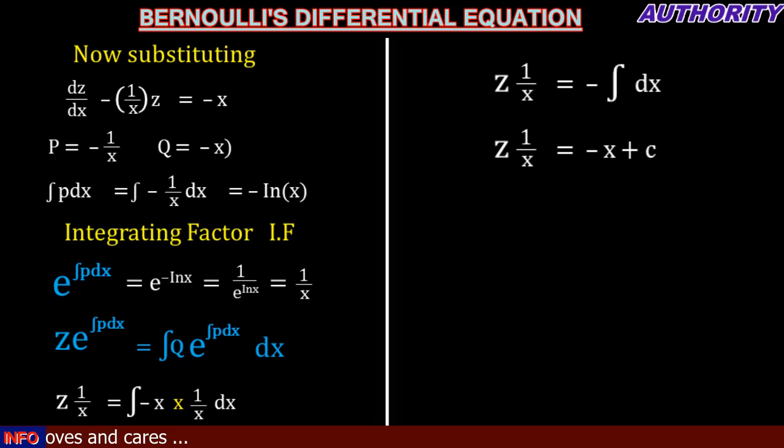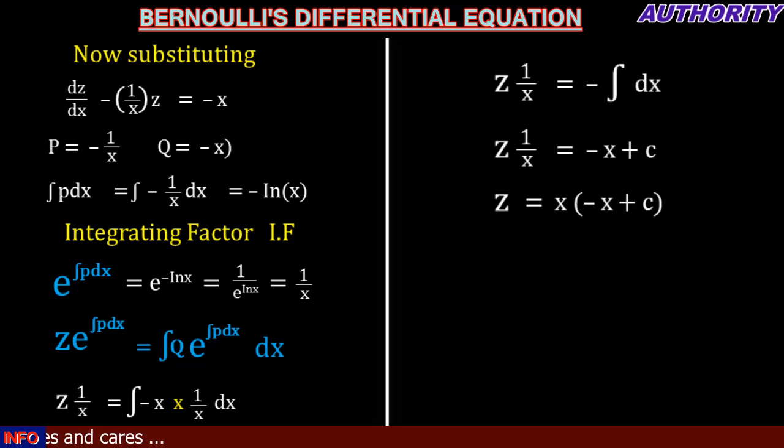All right. We are looking for z, so we make z the subject. How can we make z the subject? We want to strip off this coefficient 1 all over x, so we multiply both sides by x. We are going to have z is equal to x open bracket minus x plus c.